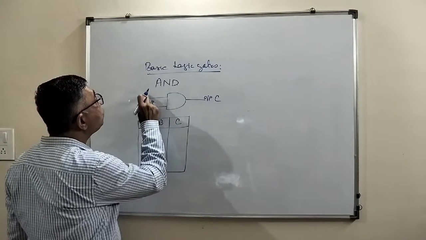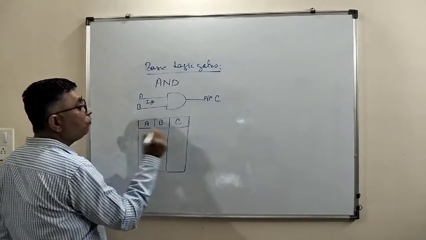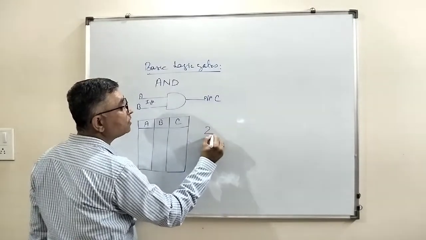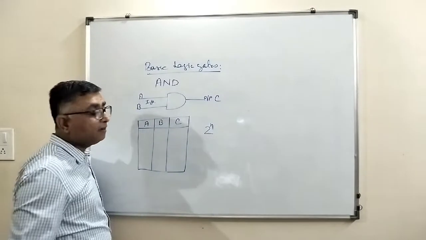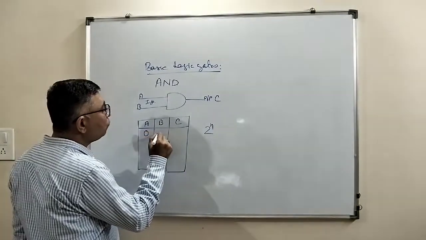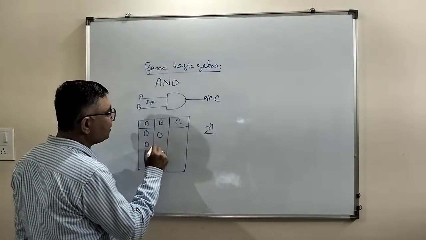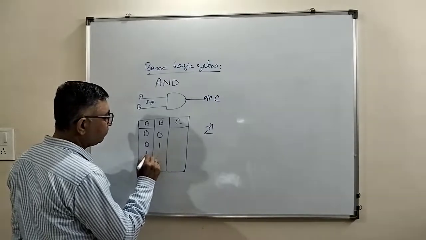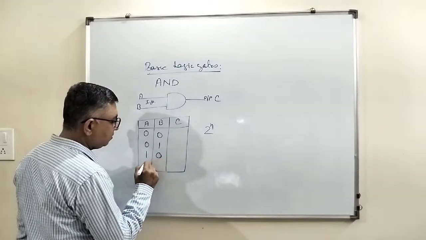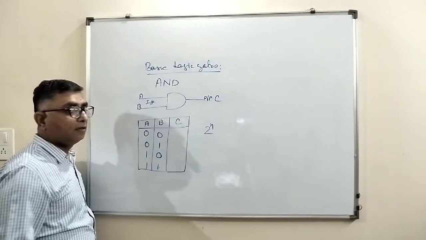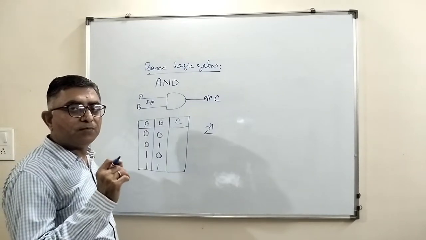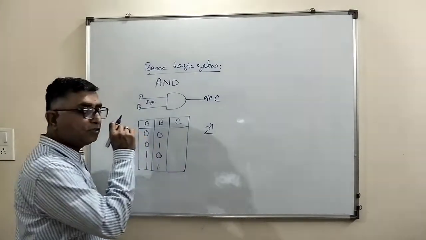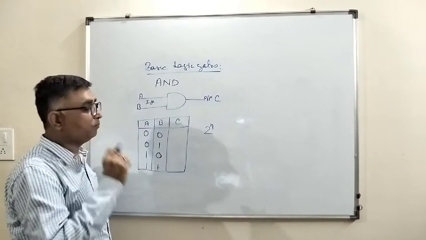Since we are having 2 inputs only and the binary system works on 2 raised to the power n, the maximum variation of inputs is 4, and in cyclic order, this is the order. This is the maximum possibility of variation of inputs if we have 2 inputs.